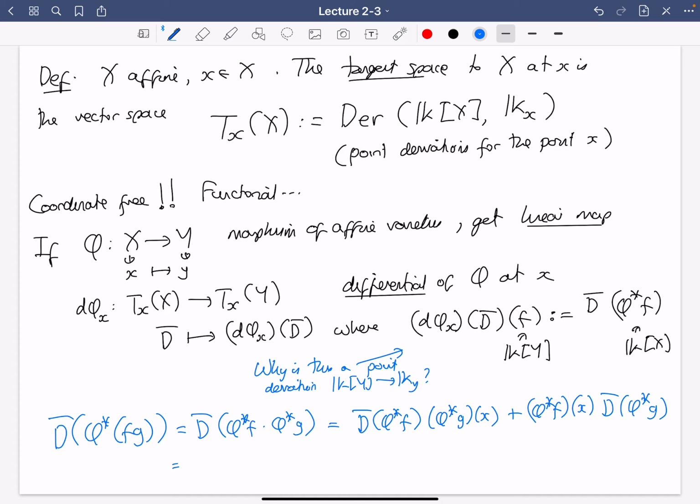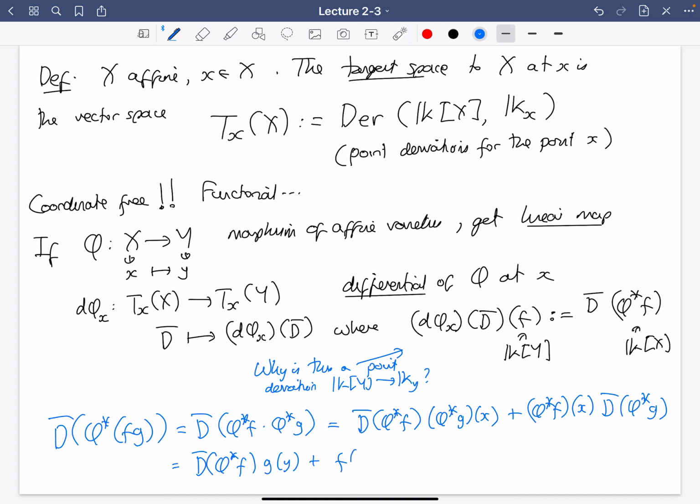And so this is what I want, right? This d bar phi star f, that's just our definition of this new derivation applied to f. And phi star g of x, because of the definition of comorphism, that's just the same as g of phi of x, which is g of y.